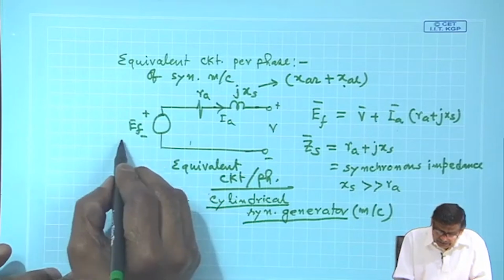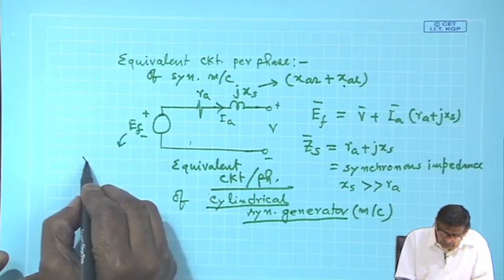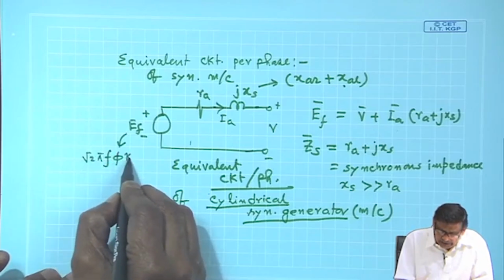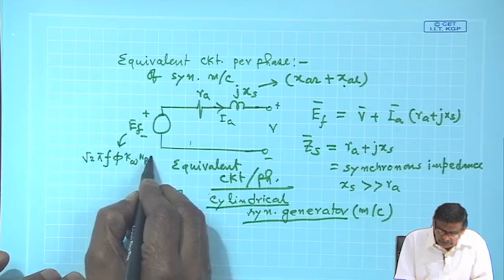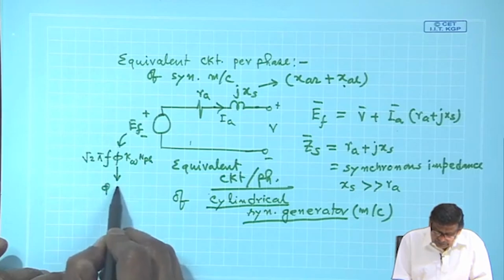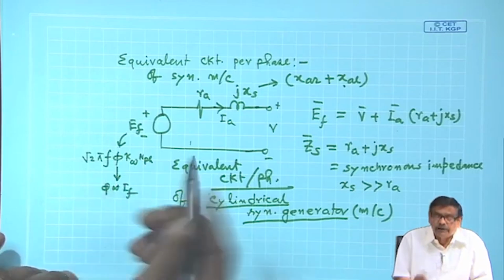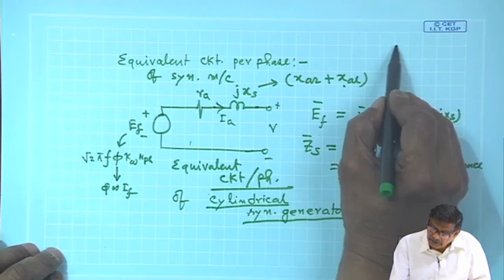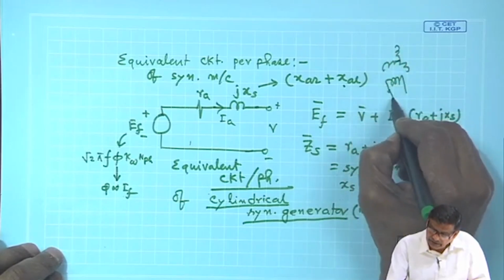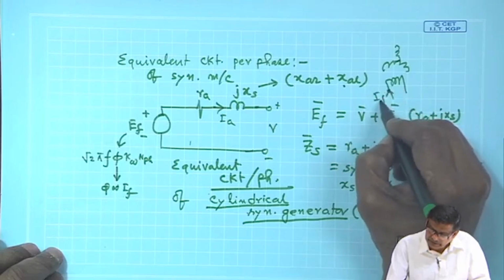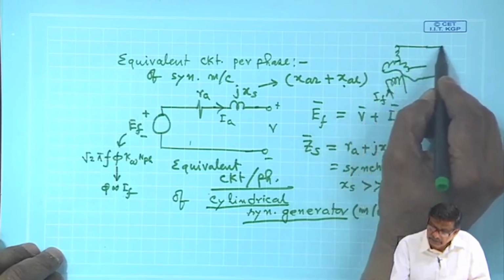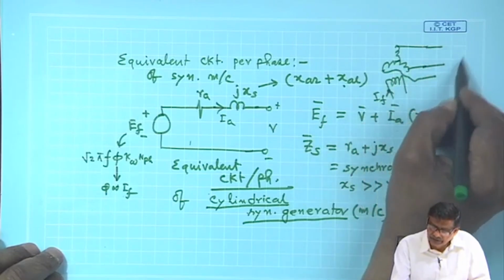Ef, mind you, is equal to root 2 pi a flux per pole, kw into N phase of the stator, and this phi I have assumed directly proportional to If. Therefore, in a synchronous machine, this is your armature, this is your field, this is your DC excitation current, and here is the voltage, and here you have connected some 3-phase load.